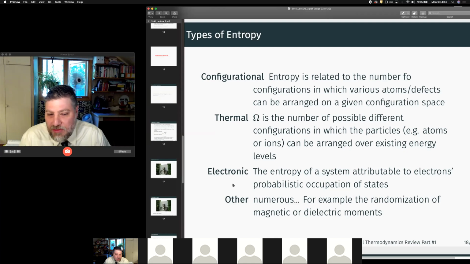It has to do with the quantum mechanical aspects, and a lot of that actually has to do with the electronic entropy of the system. So weird things can happen.